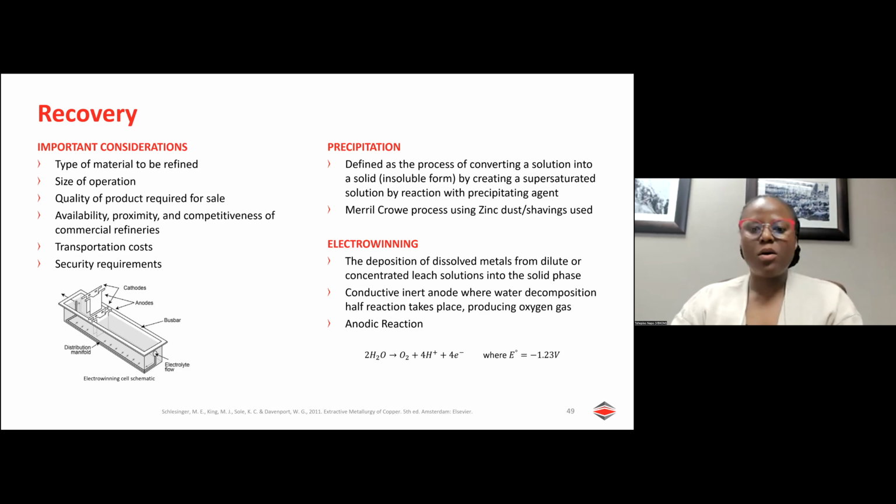So depending on the product specifications, in the case of electrowinning, you can opt to sell the cathodes as they are, or you can further treat your material and generate a gold sludge that is then smelted to produce your bullion. Similarly for your precipitation, you can opt to sell your precipitate as a concentrate, or that concentrate can then be smelted to produce your bullion bars.